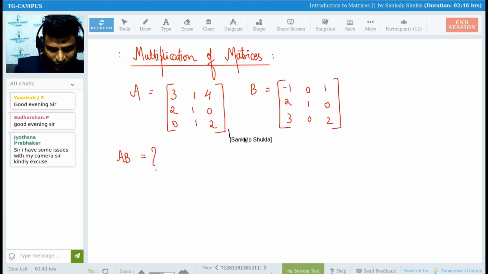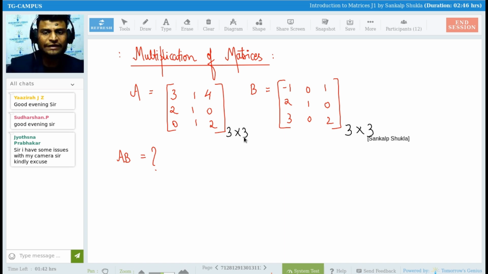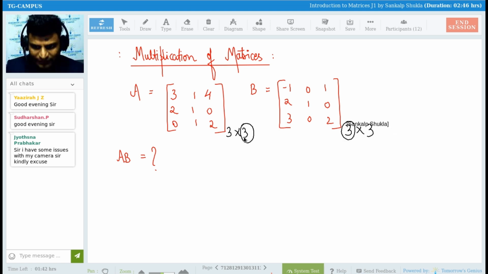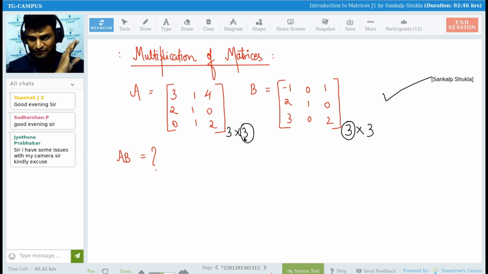The order of this matrix is 3 cross 3, and the order of this matrix is 3 cross 3. So if the number of columns in the first matrix is equal to the number of rows in the second matrix, then multiplication is possible, else not. The condition is clear?